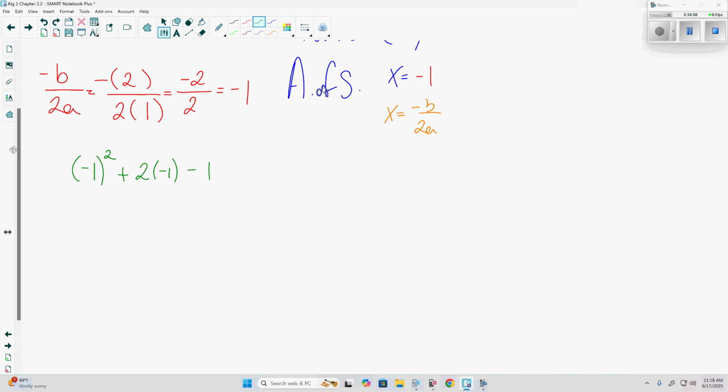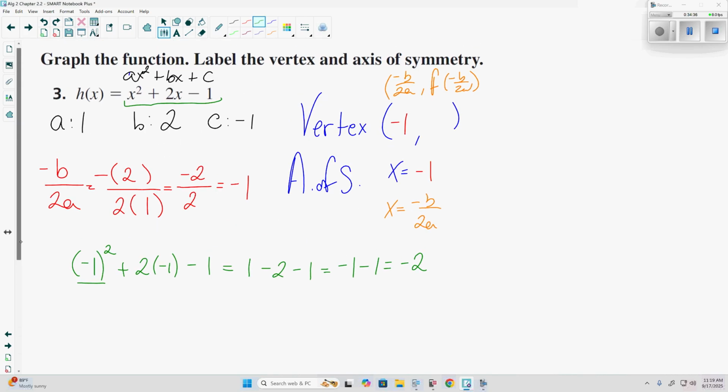If we do this by hand, -1 squared, -1 times -1 is going to be +1. 2 times -1 is going to be -2, minus 1. 1 minus 2 is -1. And -1 minus 1 is -2. Telling us that our vertex is the point -1, -2, and the axis of symmetry is x is equal to -1.